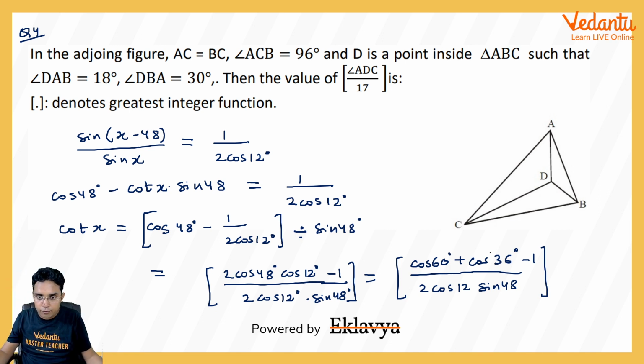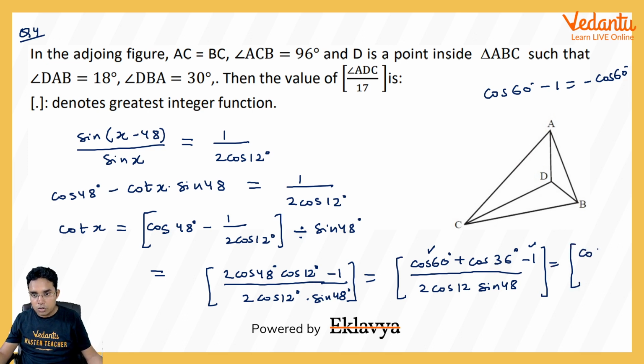I don't think it will be helpful, but here cos 60 minus 1, please think of it. Cos 60 minus 1 is actually minus cos 60, isn't it? Because cos 60 is 1 by 2, so it will be minus cos 60, you can check. Okay, so what I can do, I can write numerator as cos 36 degree minus cos 60 degree.